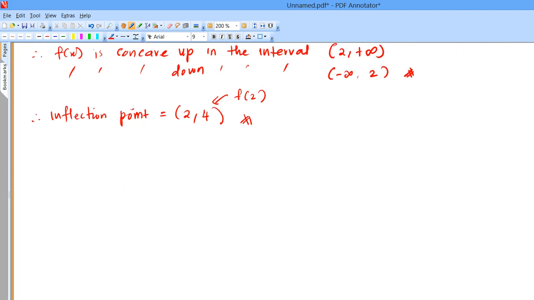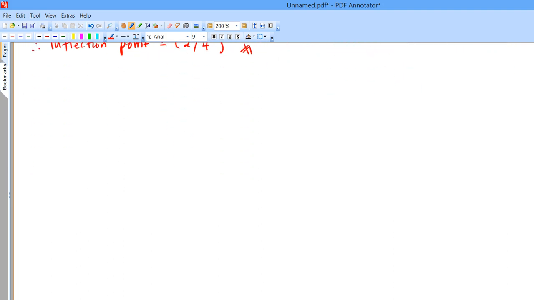And then lastly, 5 Roman. For 5 Roman, we want to sketch the graph of f x using the above information.